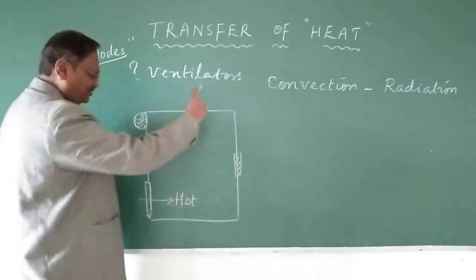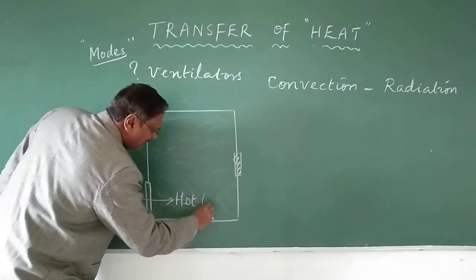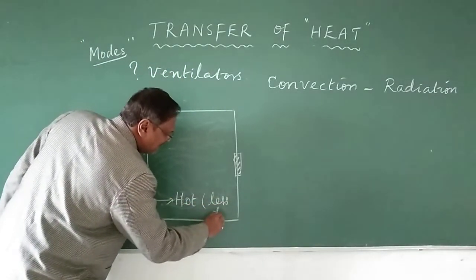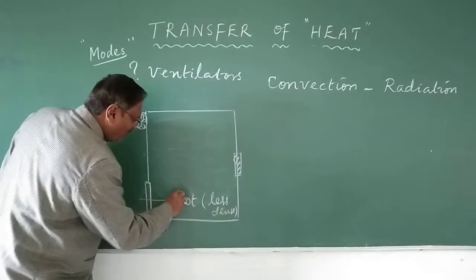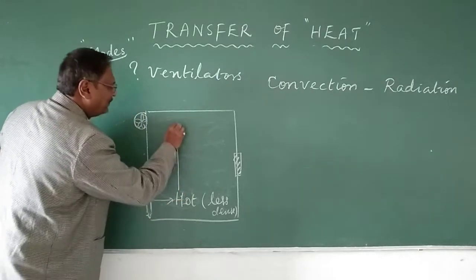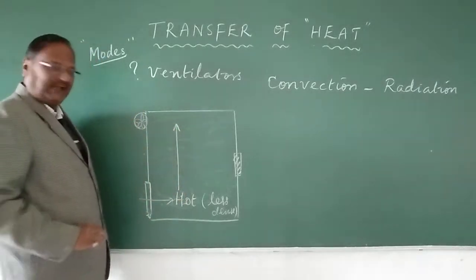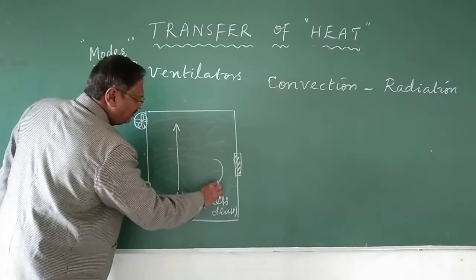I said in convection, hot air is less dense. Density is less. What will happen? This hot air will go up. As it goes up, the cold air will come down.